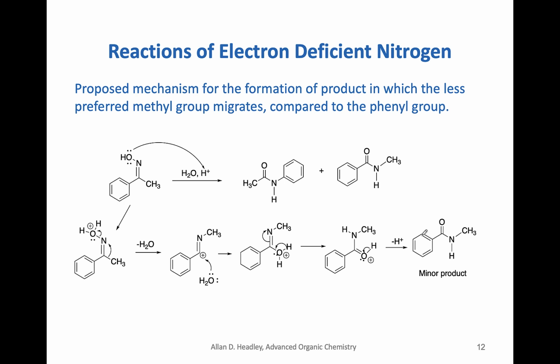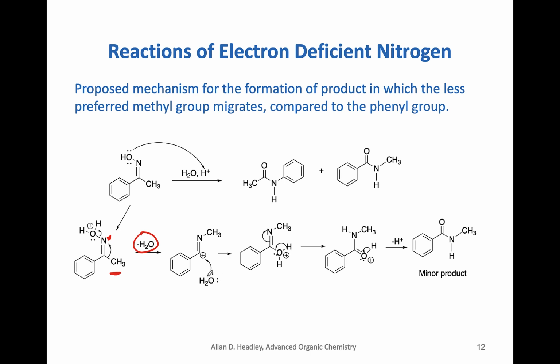Let's look at the other mechanism. Here is the same type of protonation, and we have this leaving group. Now we have a concerted migration of the methyl to this electron deficient nitrogen here, while this leaves as water. As we pointed out before, the transition state for this migration is not as stable as with the phenyl, but it happens.